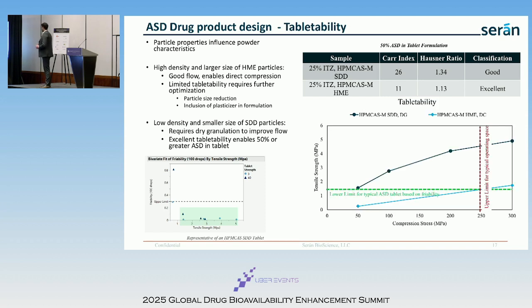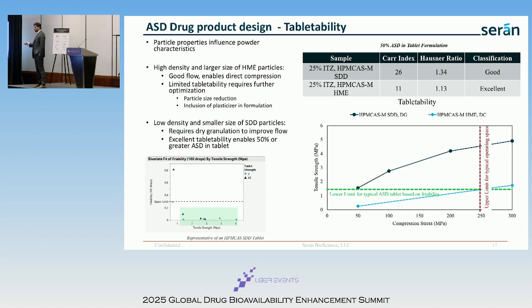Now, the upper threshold that we think about is more practical. It's just based on our commercial or our larger scale tablet presses. We can comfortably get up to 250 megapascals. Anything beyond that, the operators start to look at us weird. So we try to keep our compression stresses below 250, and we want to make sure that we're able to achieve tensile strengths of 1.5 or higher, 1.8 or higher.